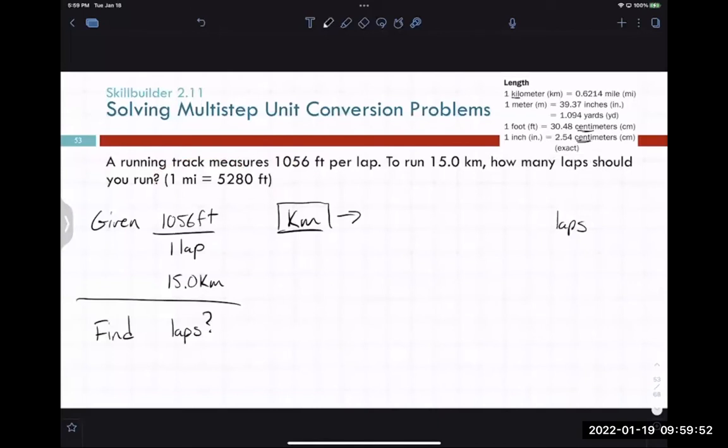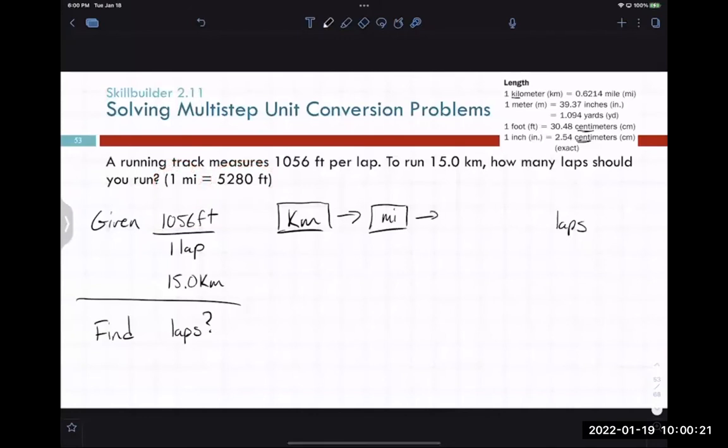And then based on this chart, again, we can do kilometers to miles. So let's start there. We can go kilometers to miles. So if we have kilometers here, we can do miles next. And then we know if we get to feet, we can get to laps. We're given this 1 mile is equal to 5,280 feet.